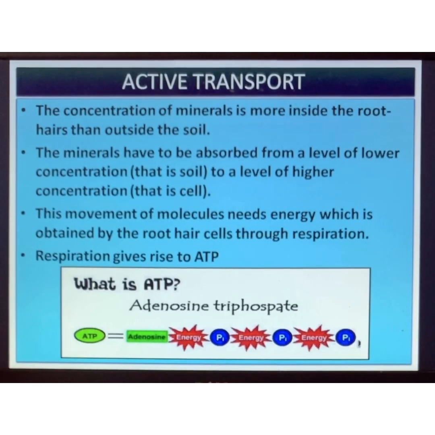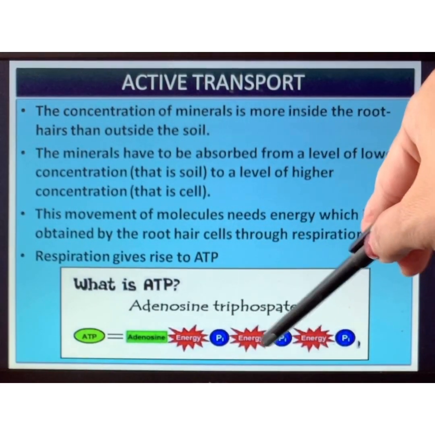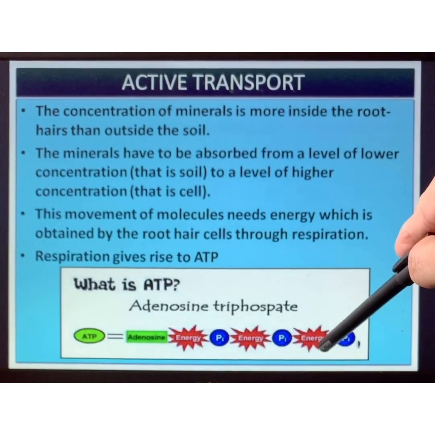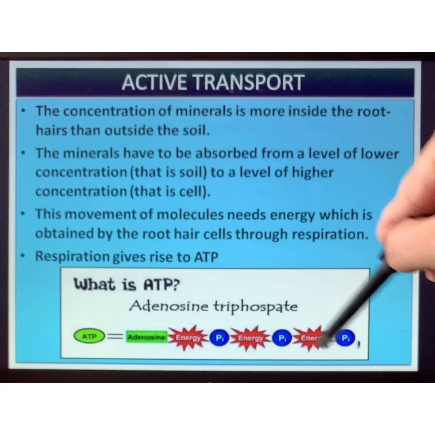I will help you out with what is adenosine later. For now, you understand it's a chemical molecule inside a cell. And just in case you are curious to know, it is a type of nucleotide. Alright. So, adenosine triphosphate, the energy is present between these bonds.